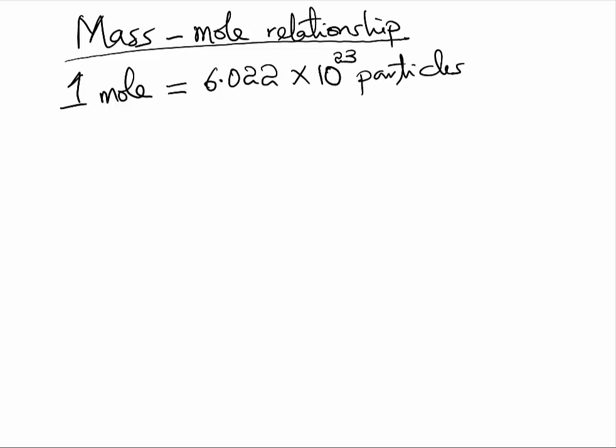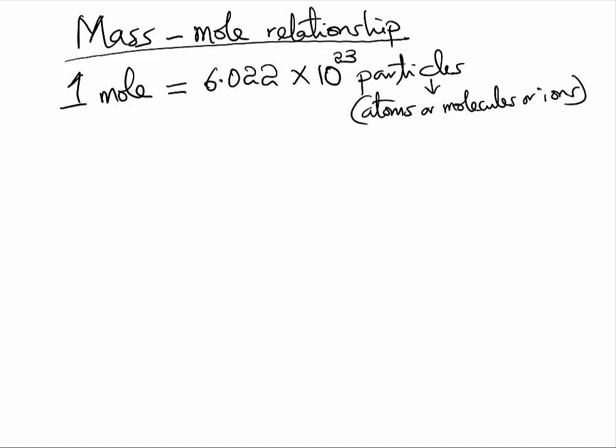This tells us the relationship between mole and the number of atoms, or the number of molecules, or the number of ions. So particles means atoms, or molecules, or ions.